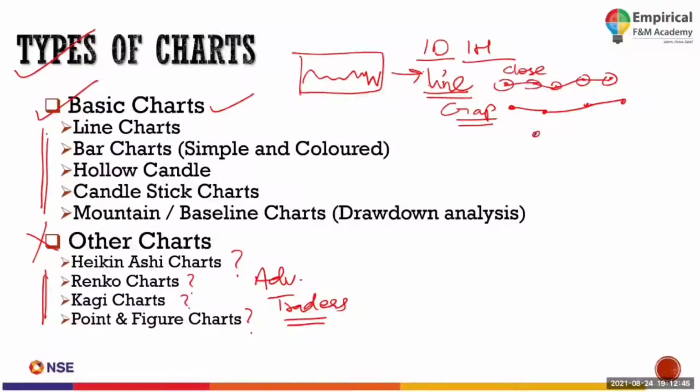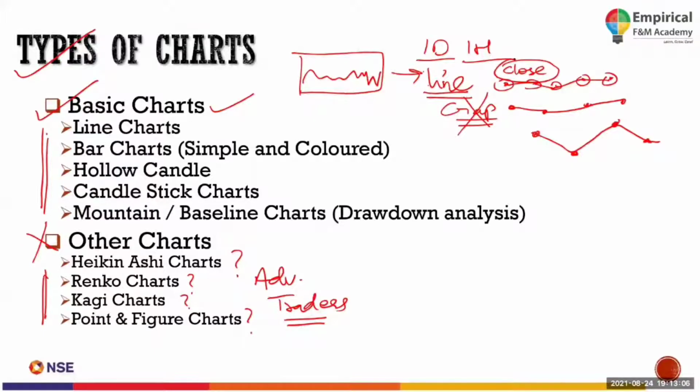A stock closed here last day, today it has closed here, next day it closed here, next day it closed here. So it will look like this. But where it opened, whether it was a gap up opening or a gap down opening, that you will never come to know with the line chart. Plus, we are only looking at the closing point, so we don't know how much is the strength of the stock.